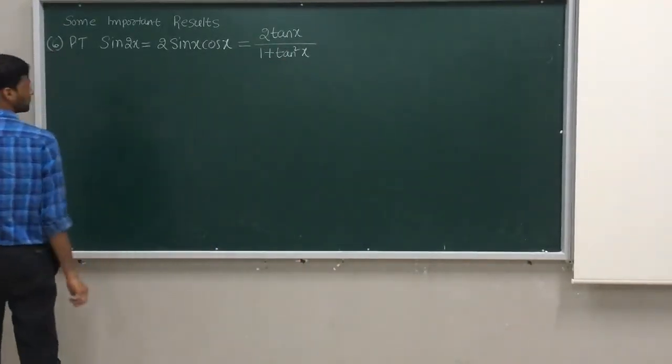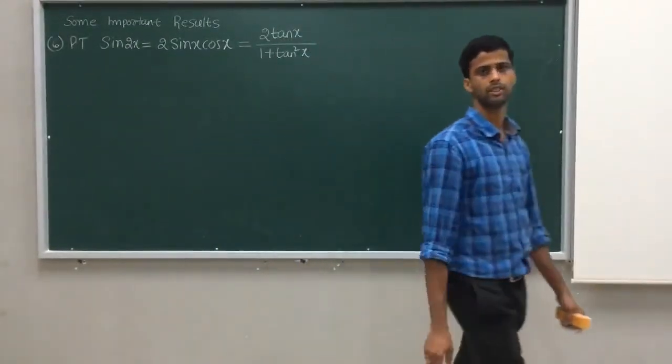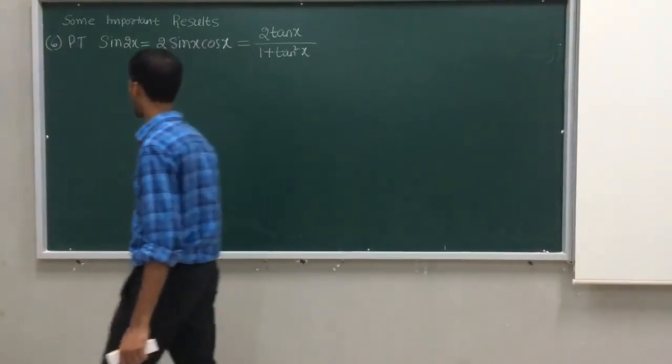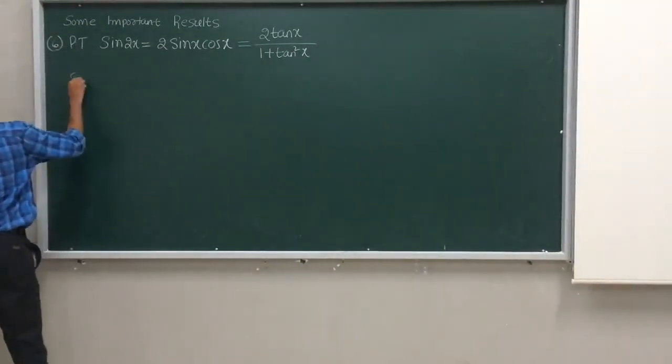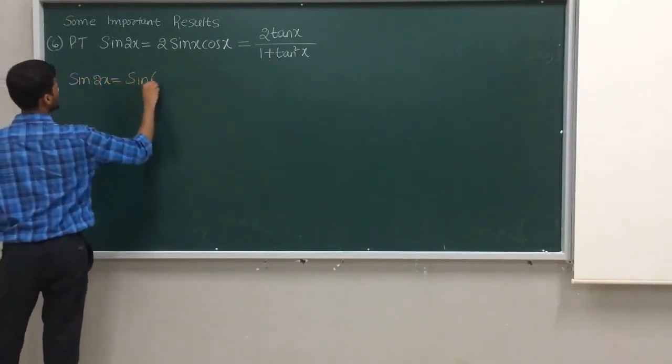Now, how to prove it? Again, you can think about it. Just now we proved cos 2x where I split it as x plus x. In a similar way I will proceed here. So sin 2x can be written as sin of x plus x.